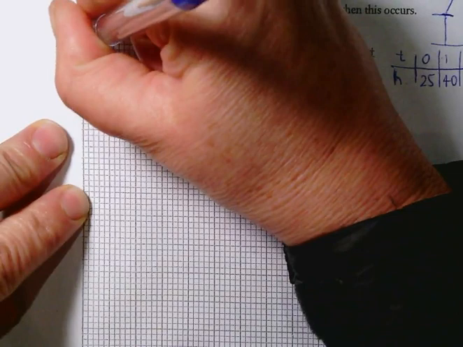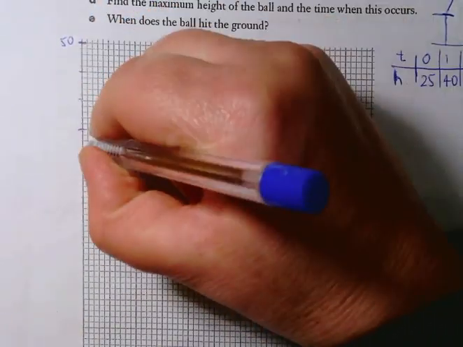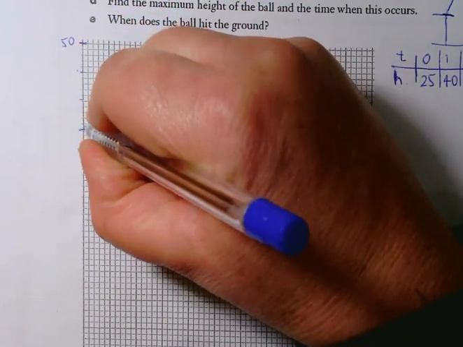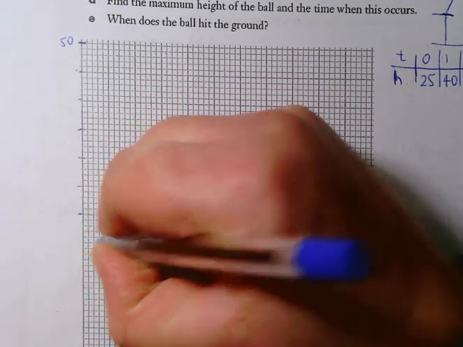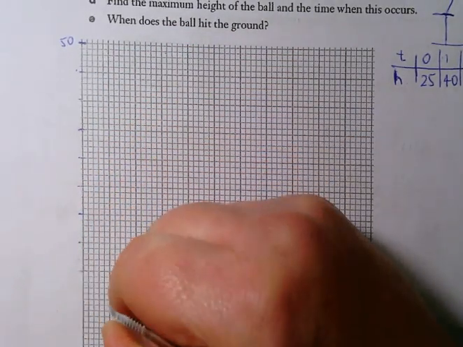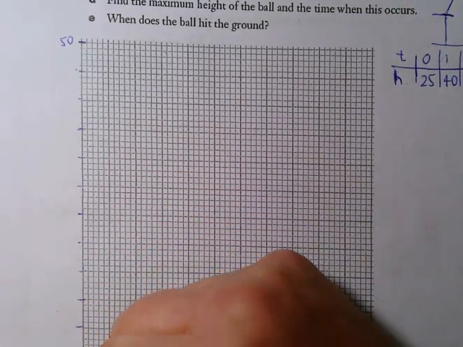So if I've got, let's say, 50 up here, then I've got 40, 30, 20, 10, 0, -10, -20, -30. I'm going to actually try and change the scale.